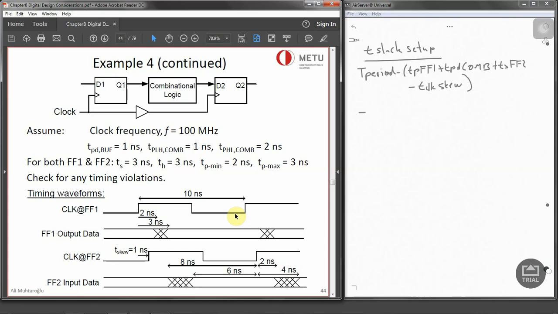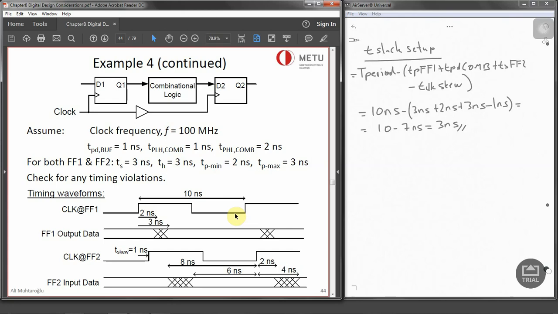So our period is 10 nanoseconds, minus TPD of flip-flop 1 which is 3 nanoseconds, and the combinational logic maximum is 2 nanoseconds, plus the setup time of flip-flop 2 which is 3 nanoseconds, minus 1 nanosecond, which is equivalent to 10 minus 7 nanoseconds, giving us 3 nanoseconds. So we have 3 nanoseconds for the setup slack.